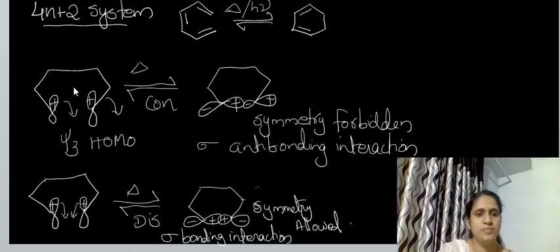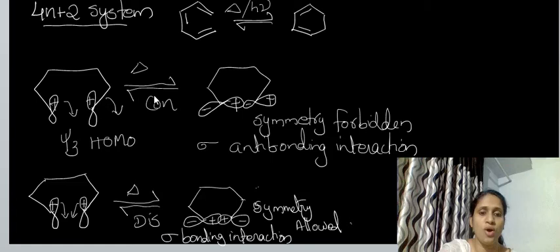First we have to consider the thermal reaction. At ground state, what will be the HOMO of the C6 system? For a C6 system, Psi 3 will be the HOMO at ground state. So these will be the terminal lobes, plus and plus.